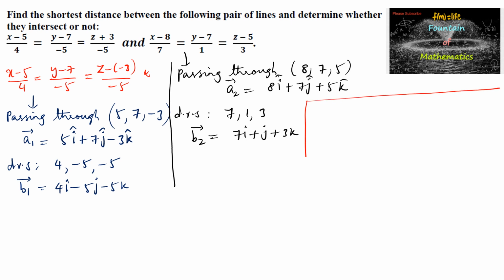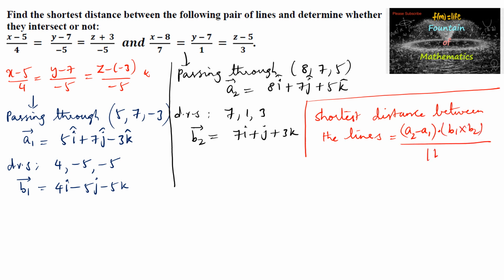So the shortest distance between the lines passing through the points a1 and a2 and having the direction ratios b1 and b2 respectively can be taken as a2 minus a1 dot b1 cross b2 upon mod of b1 cross b2, the whole mod.